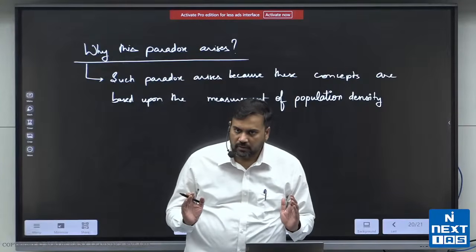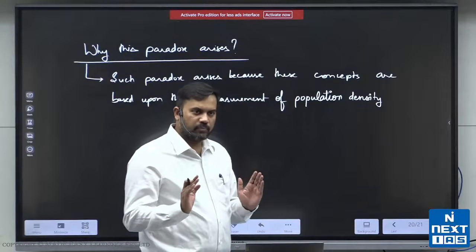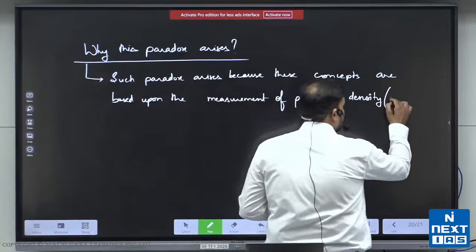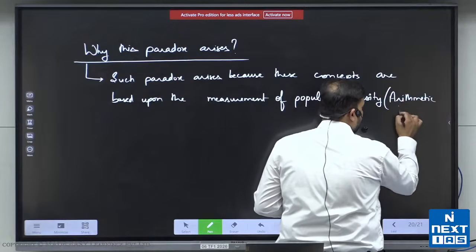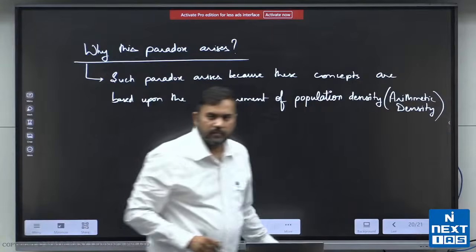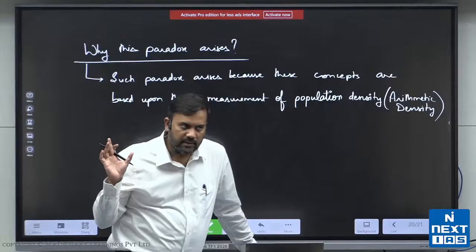Yes or no? So this most popular form of population density, we call it the arithmetic density of population.